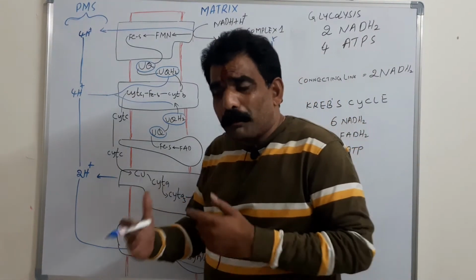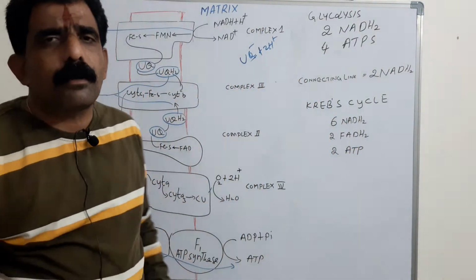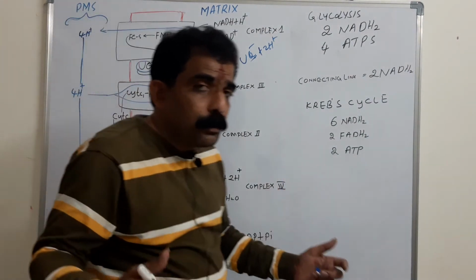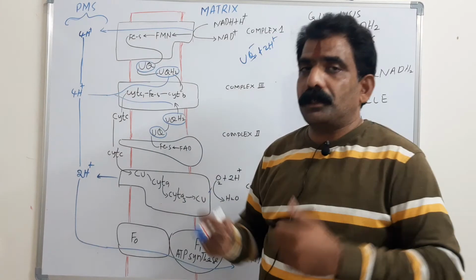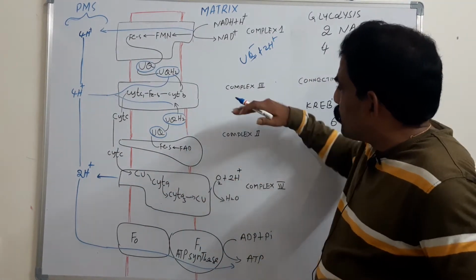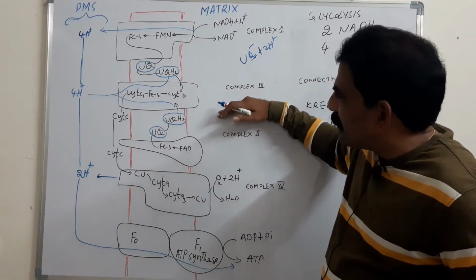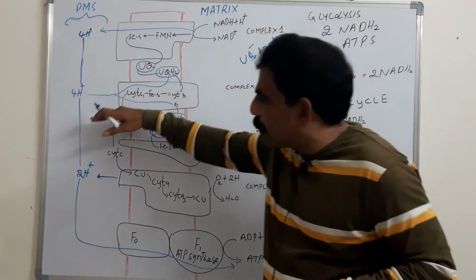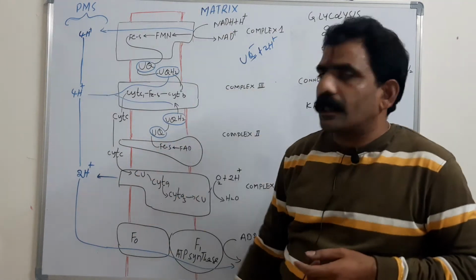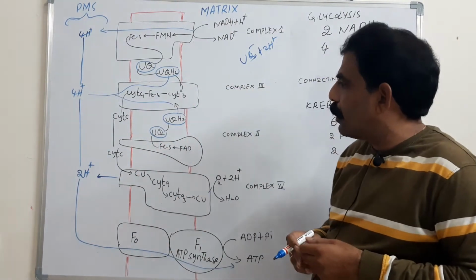Now, this pumping of protons from the mitochondrial matrix into the perimitochondrial space leads to the establishment of a concentration gradient between the two layers. So here proton concentration is decreased, here proton concentration is increased because of the pumping during the transport of electrons.